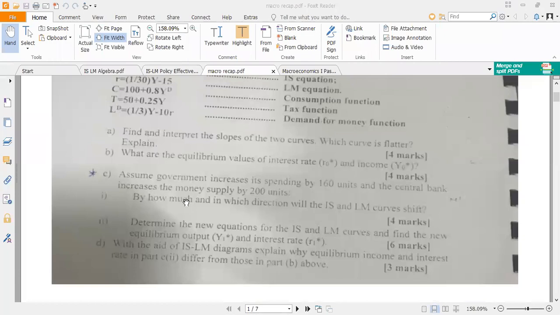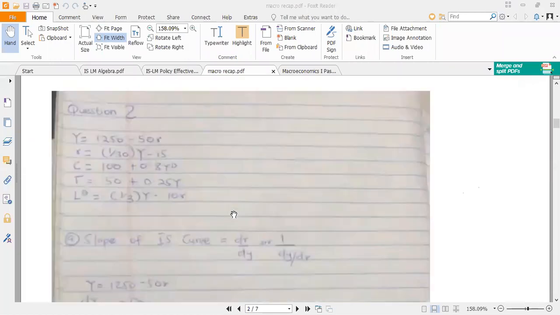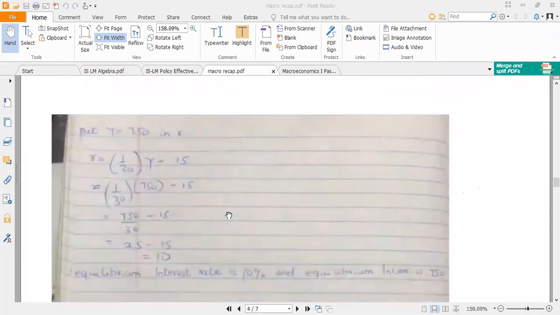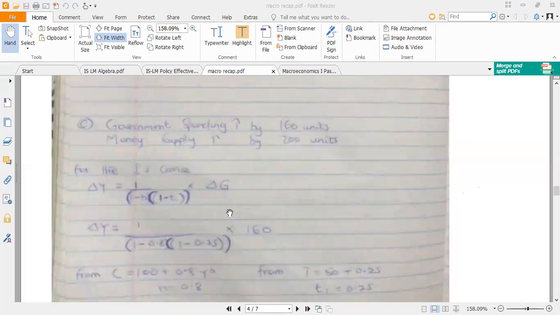So for the C, government spending has increased by 160, money supply has increased by 200. We want to find by how much and in which direction the two curves have to shift. Let's start with the IS.